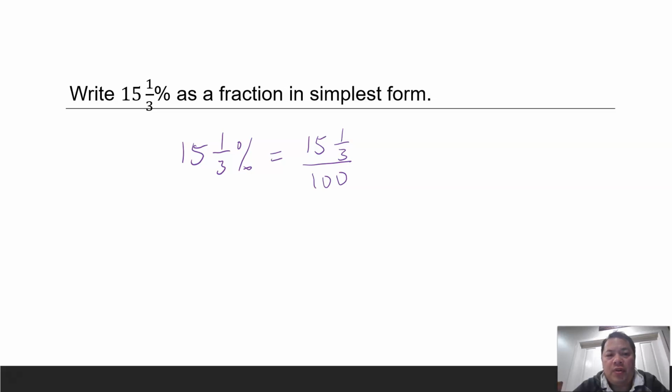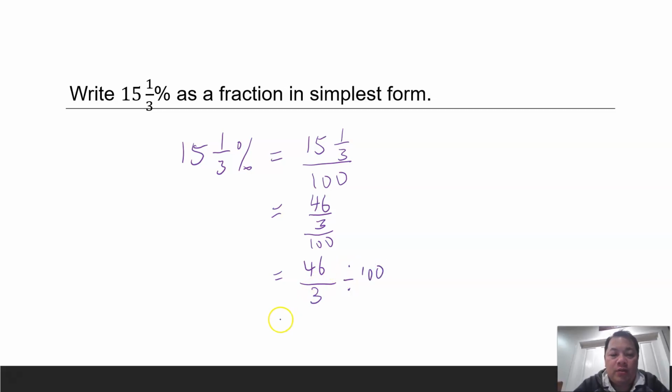But it looks a little bit weird, so we will need some help in terms of fractions in the simplest form. So how do we go about doing that then? Are we able to get a nice number? Maybe not, but we know our fraction concepts. So we will convert 15 and 1/3 into an improper fraction, which is 46 over 3, over 100. Okay, so it's actually 46 over 3 divided by 100.